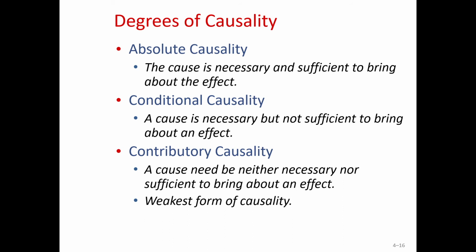An event can be a contributory cause of something so long as the introduction of the other possible causes does not eliminate the correlation between it and the effect. Smoking then can be a contributory cause of cancer so long as the introduction of other possible causes does not eliminate the correlation between smoking and cancer.